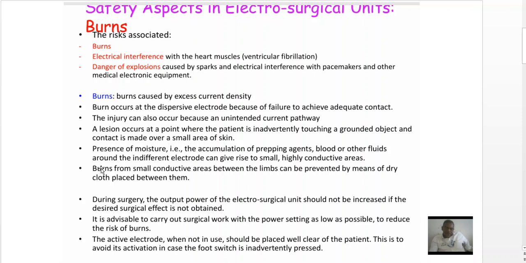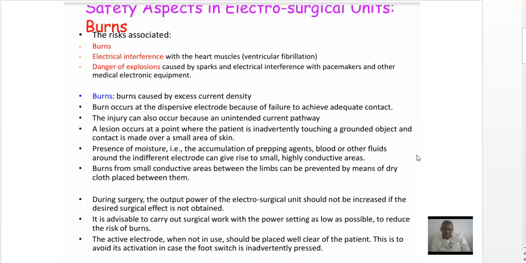Next is the presence of moisture, that is, the accumulation of prepping agents, blood or other fluids around the indifferent electrode, which can give rise to small, highly conductive areas.